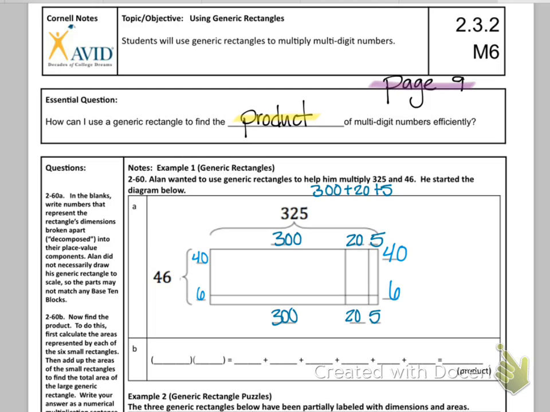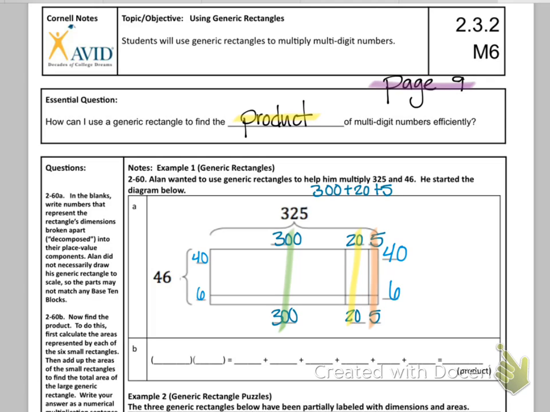Please go ahead and find your colors. Take your first color, whatever that color is, and go straight down from 300 to 300. One line will do. Find your second color and go straight down from 20 to 20. Your third color, 5 to 5.